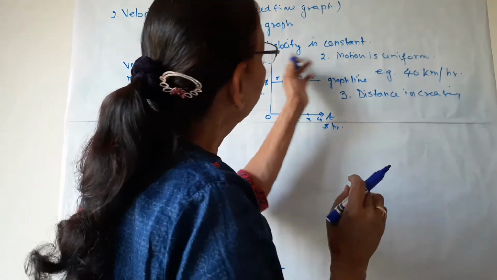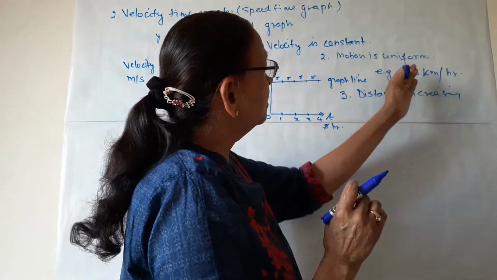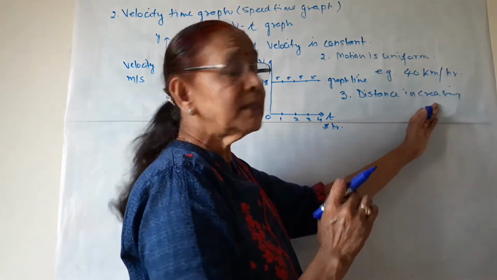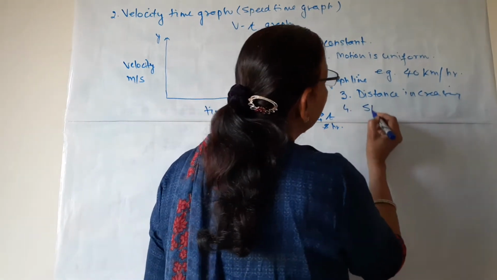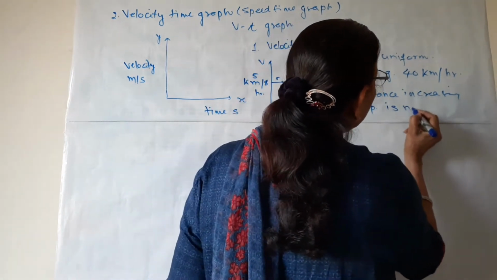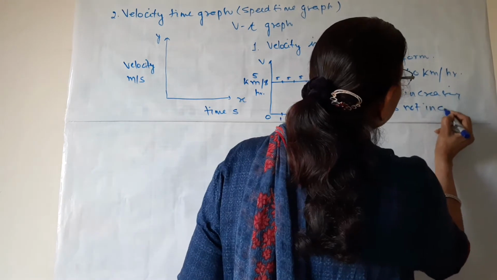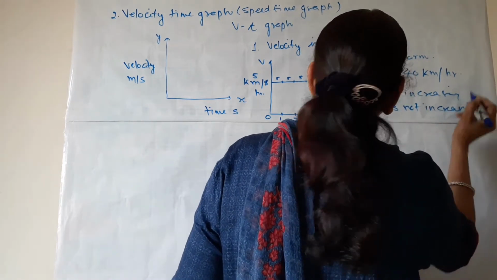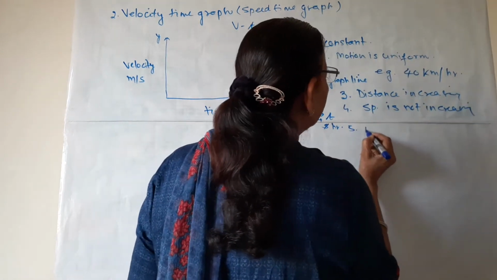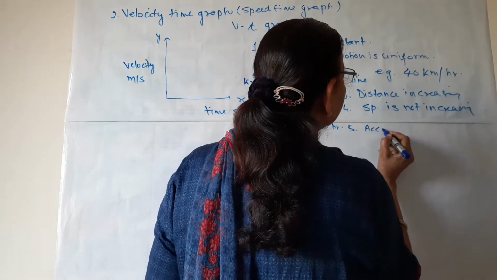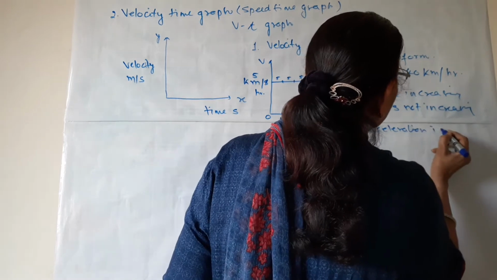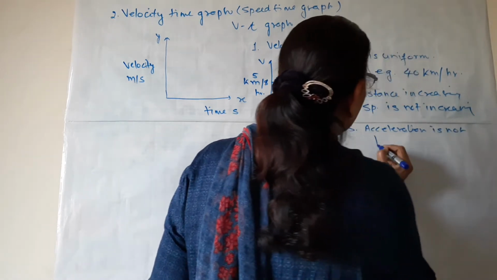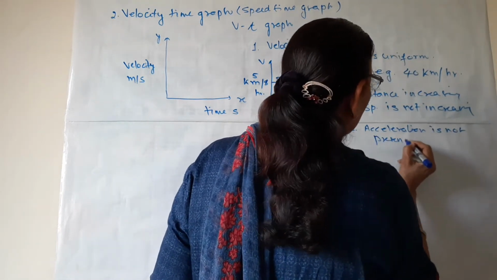So velocity is constant, motion is uniform, distance is increasing, and fourth, speed is not increasing and it is constant. This is uniform. And the fifth important point is no acceleration. Why is acceleration not present, or zero?